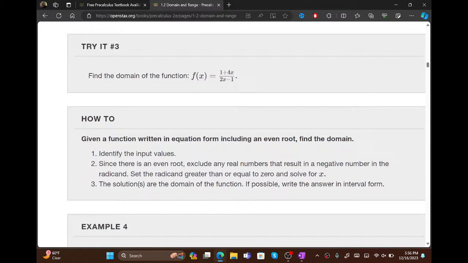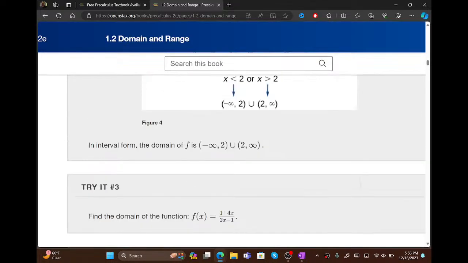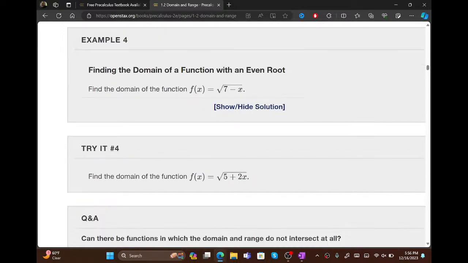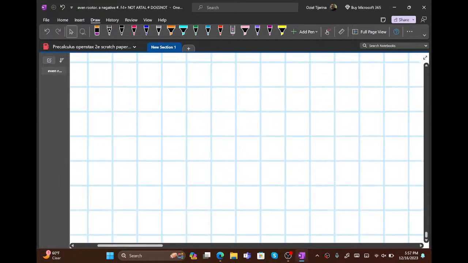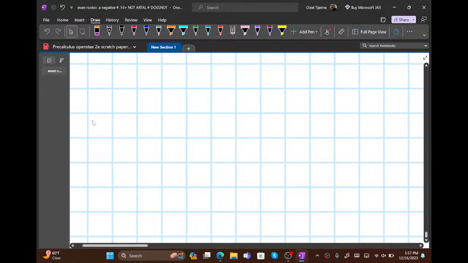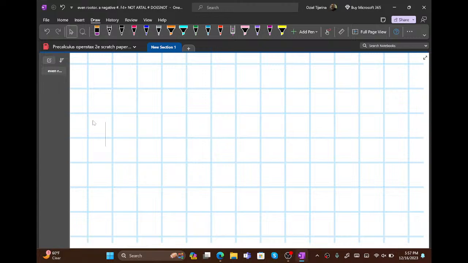Now, let's move on. Now we want to do the domain of an actual root, or a radical with an even root. The thing with these is that, as you can remember from earlier, when it comes to radicals, we don't want it to have a negative on the inside.